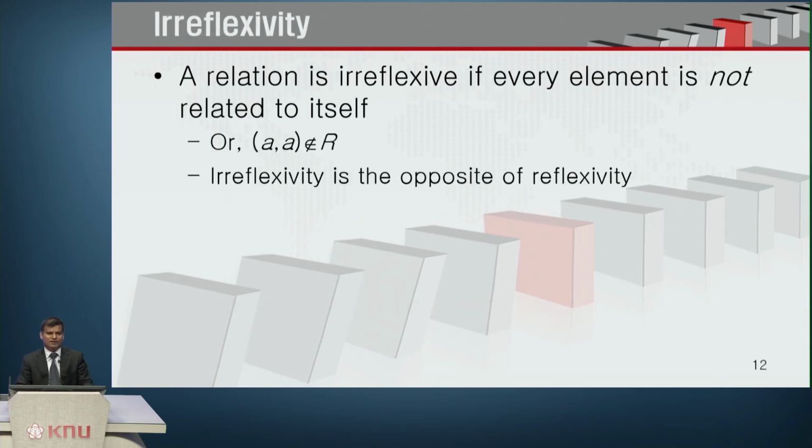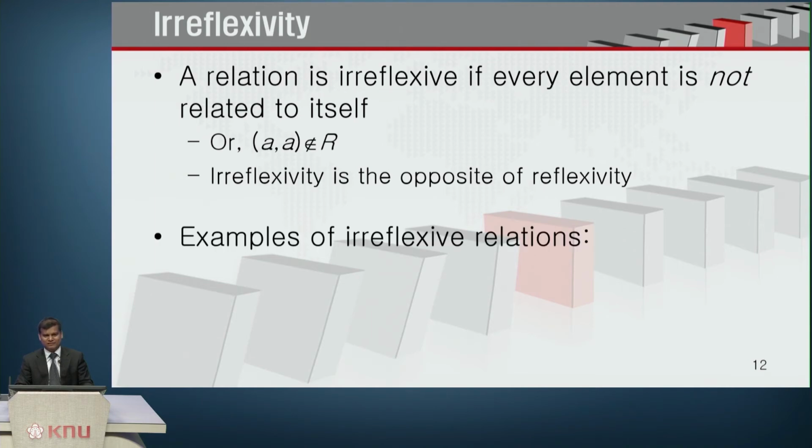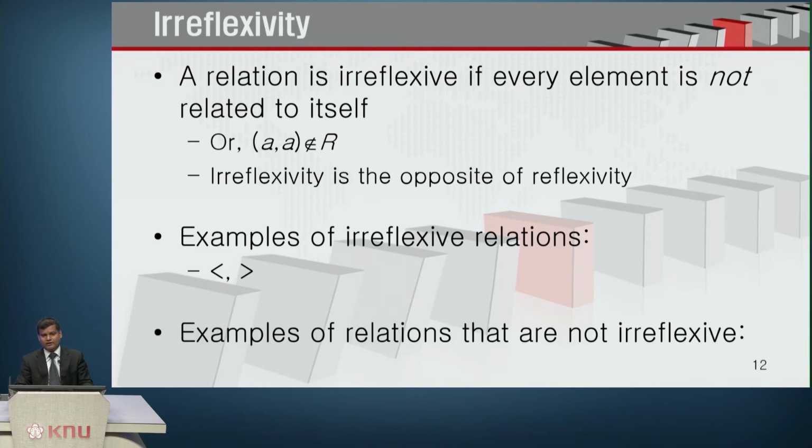Irreflexive is just the opposite. Examples of irreflexive relations are greater than and less than, and examples of relations that are not irreflexive are equal to, less than or equal to, and greater than or equal to.